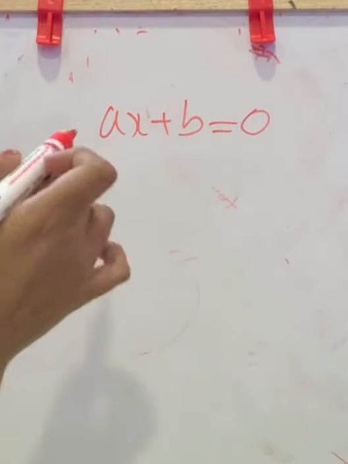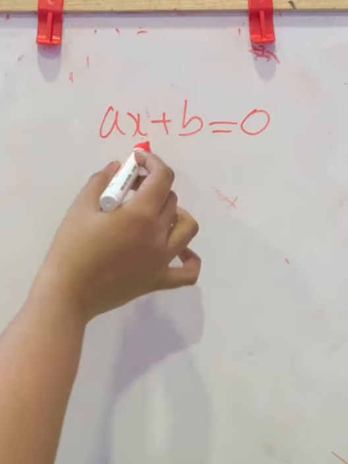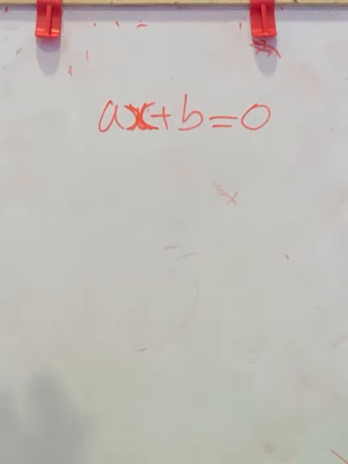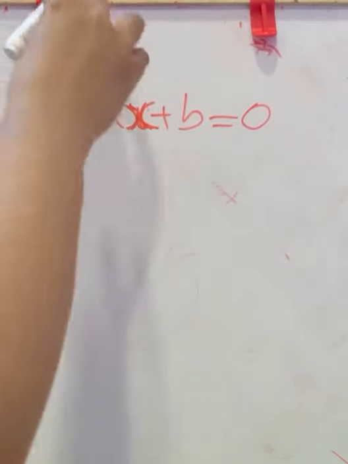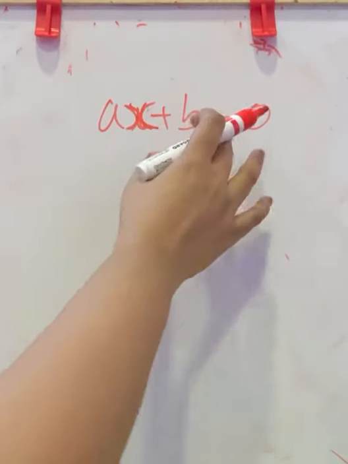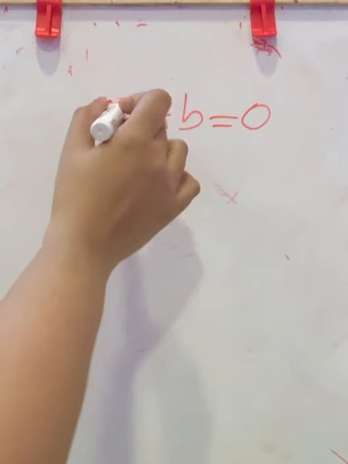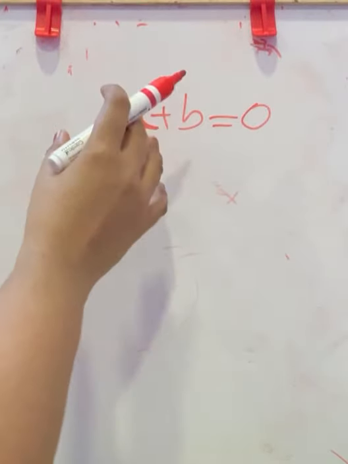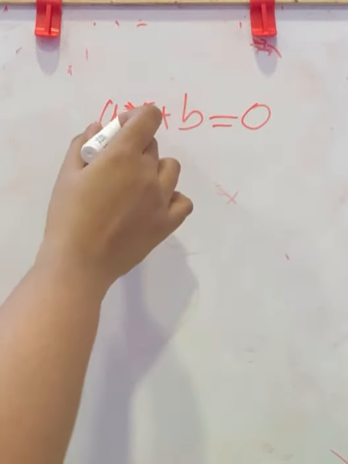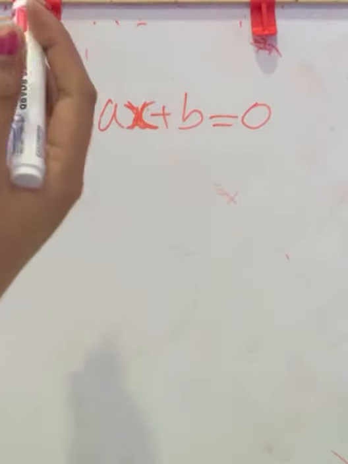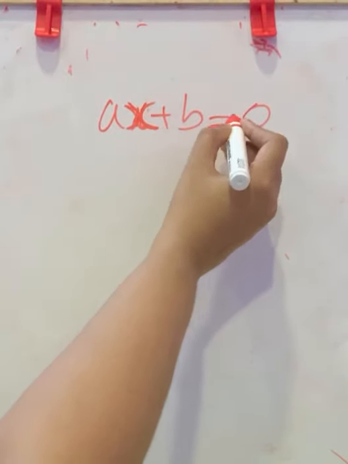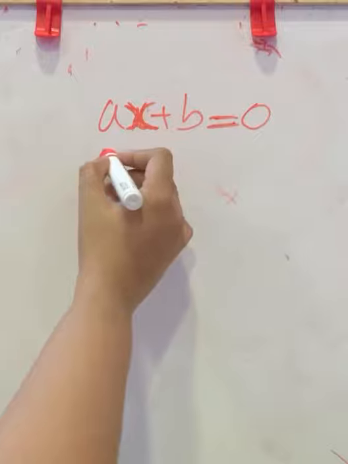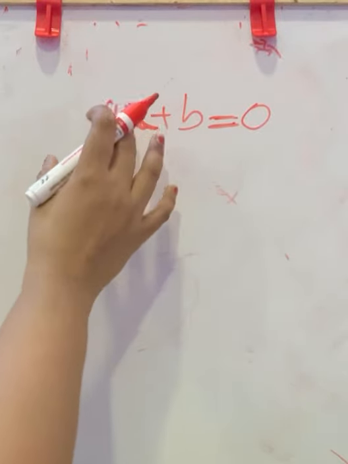I'll show you how. Here we want the value of x, because if we know the value of x and substitute that value in this polynomial, we get 0. For that, we have to equate it to 0. Then we keep ax here, that is the x term.